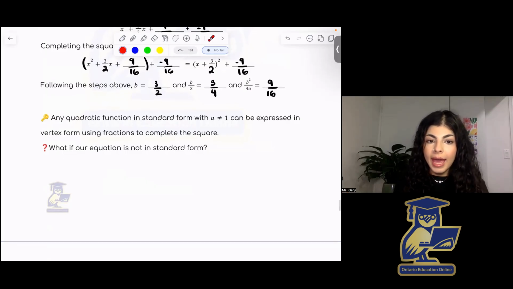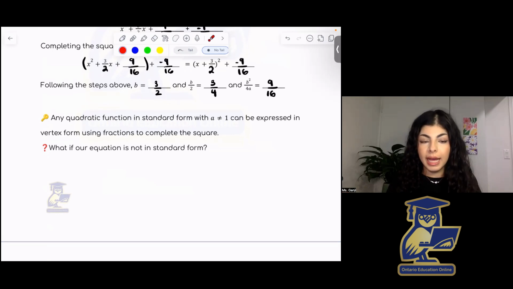And one final question for today is, what if our equation is not in standard form? Can you do everything we just did today if your equation is not in standard form? And I hope you answered yes, that by expanding and collecting like terms, you can get your equation in standard form and then be able to use the strategies we learned today.